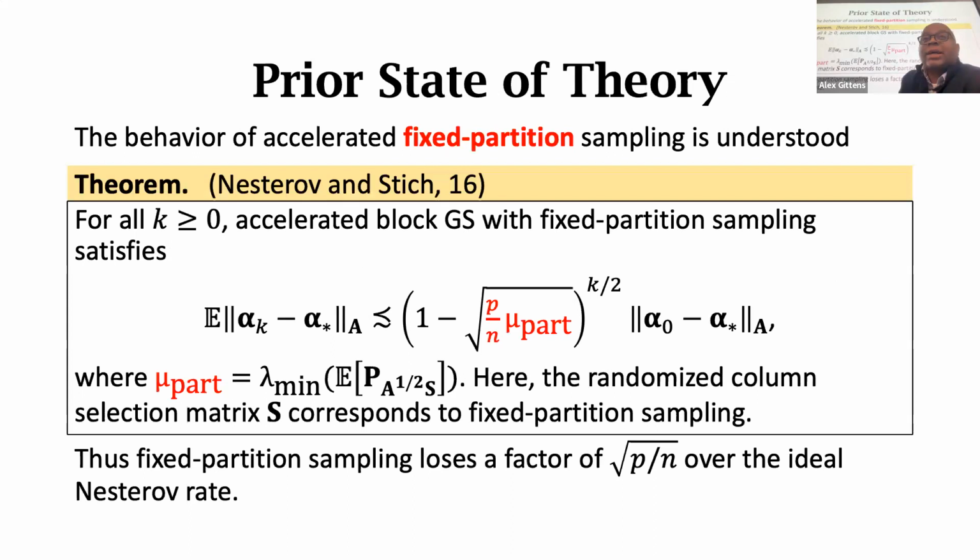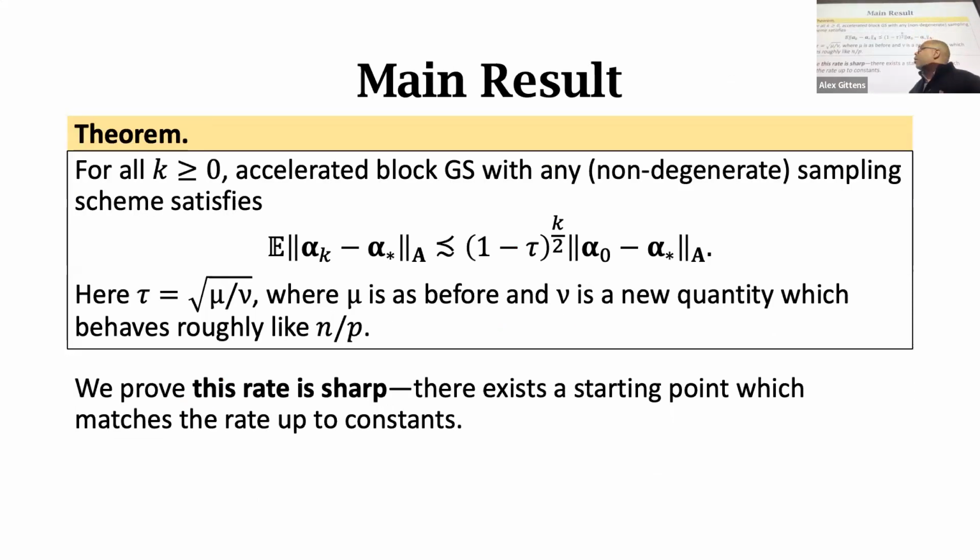The behavior of the accelerated fixed partition sampling is already understood. We get this p over n factor times the rate of convergence that we saw before. Our main result shows that if you use accelerated block Gauss-Seidel with any non-degenerate sampling scheme, then you have this rate of convergence.